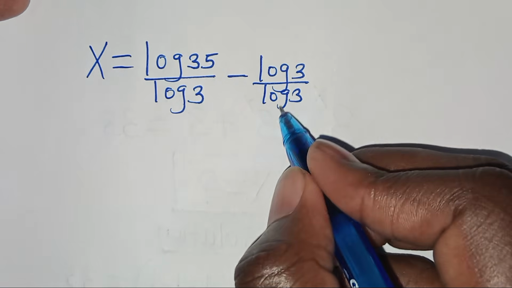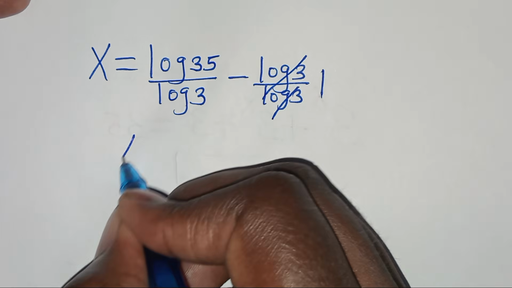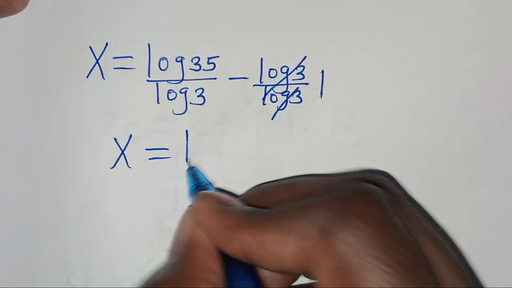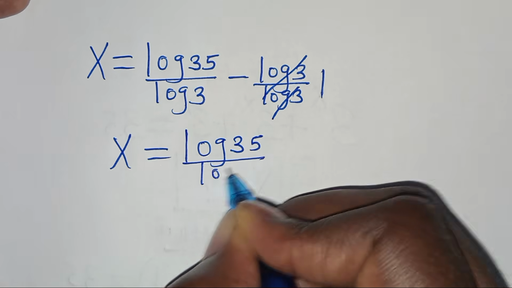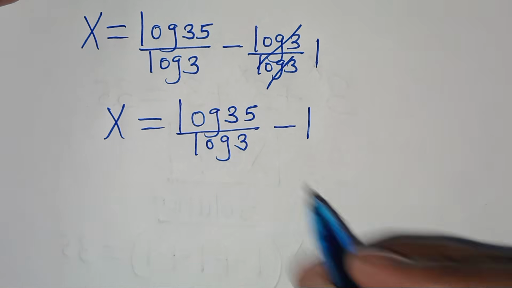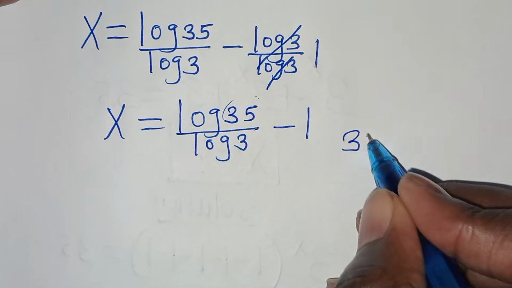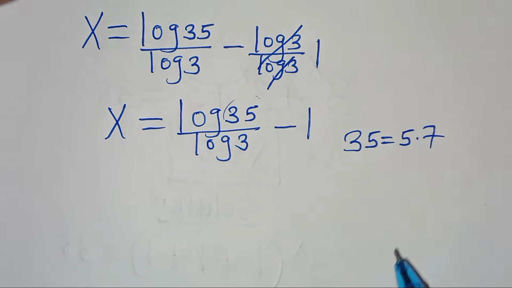Now let's simplify here, log 3 over log 3 is equal to 1, so that we have x is equal to log 35 divided by log 3 subtract 1. Now we can express 35 as 5 multiplied by 7.